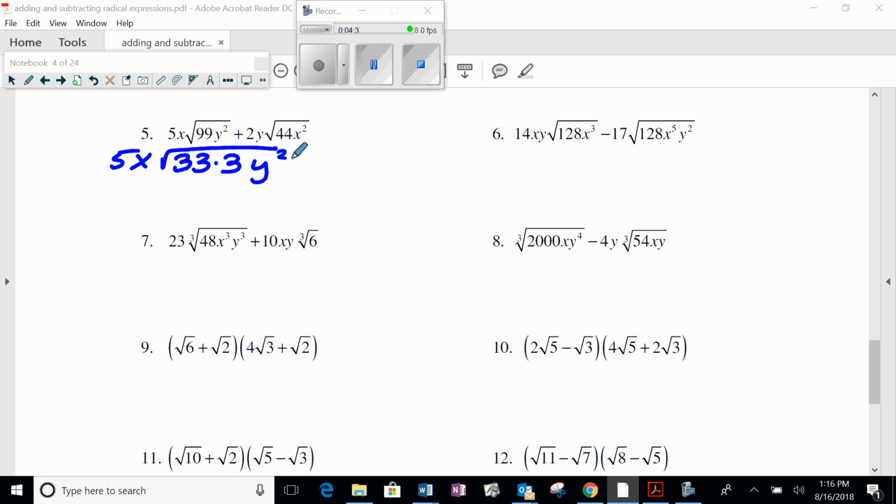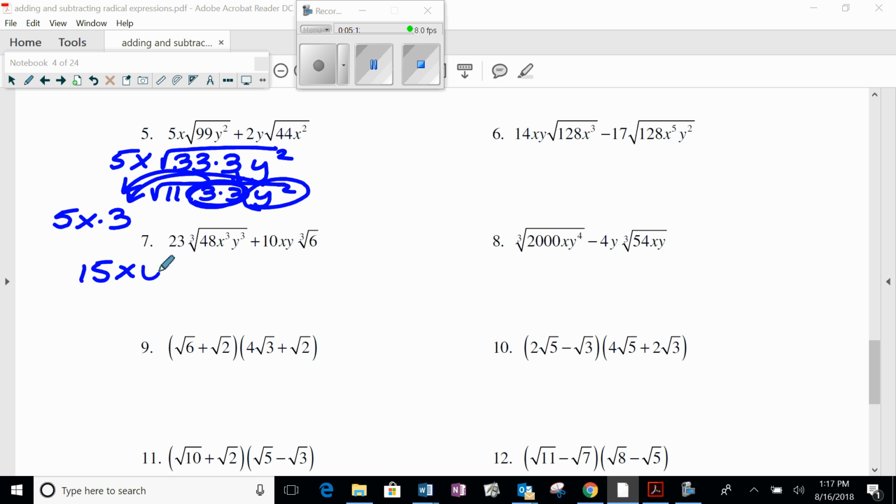So then we're going to break up 33 into 11 times 3 times the original 3, y squared. Here's a pair of 3's, so it's going to come outside, and we have 5x times 3. This y squared is also going to come out because it's a pair of y's. So I end up with 15xy square roots of 11.